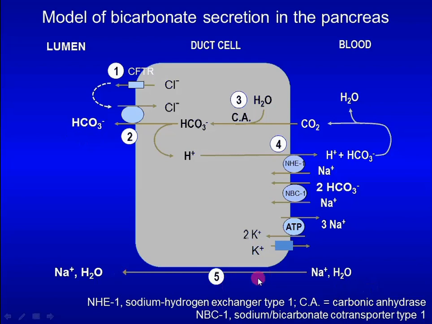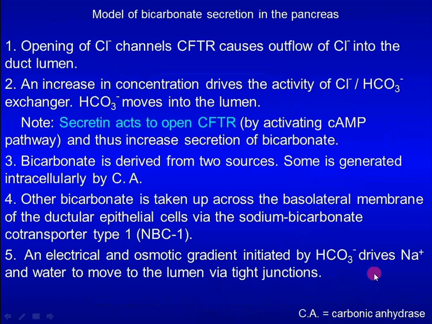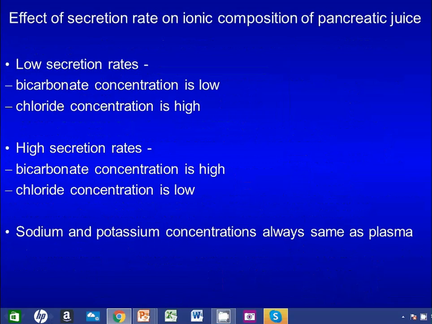This information is summarized in these slides. When secretion rate is low, bicarbonate concentration is low, and chloride concentration is high. Conversely, when secretion rate increases, bicarbonate concentration increases as well.